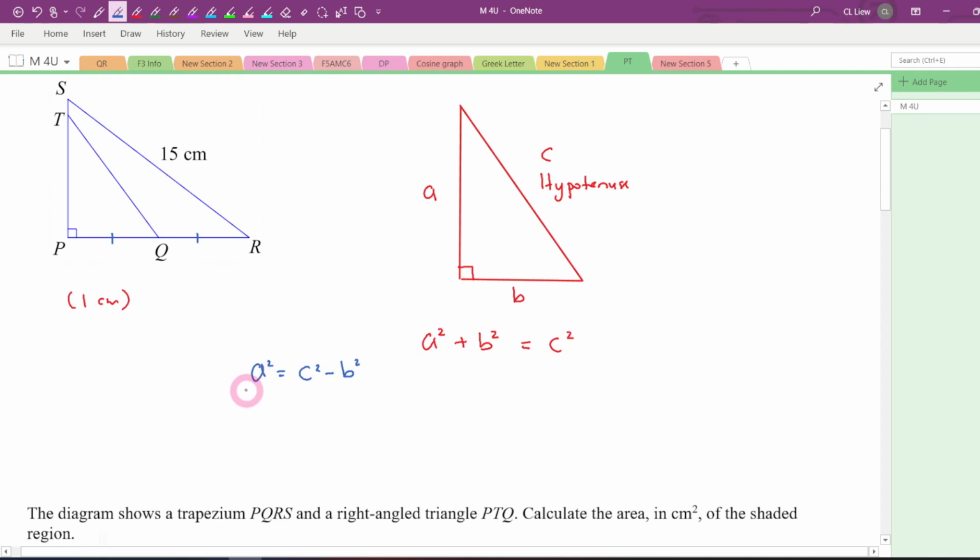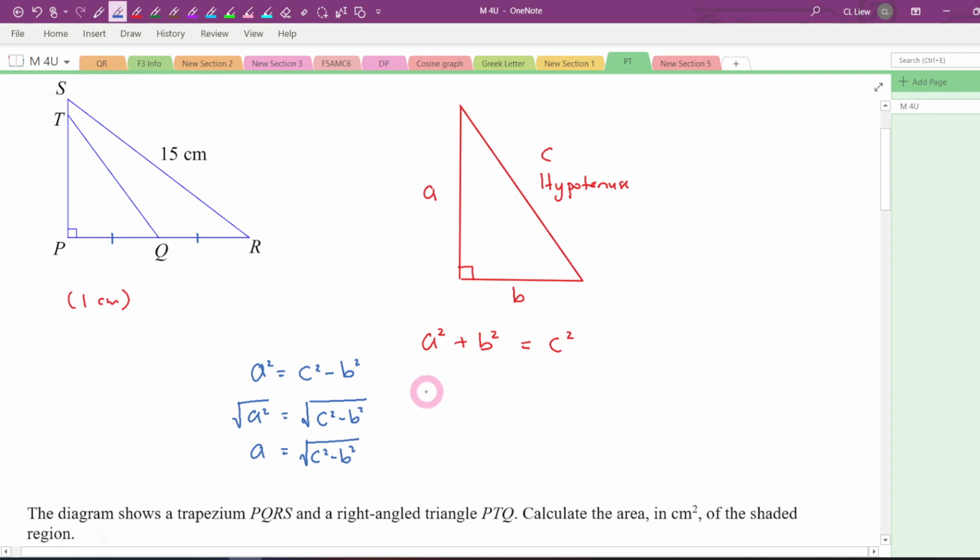I want A, therefore I need to square root both sides. Now I will be able to get A. Okay, this is the way how we find the side length of A, I mean the value of A. So this A is the side length of this side.